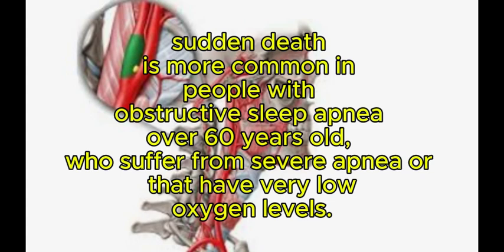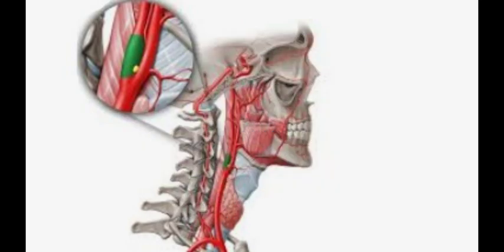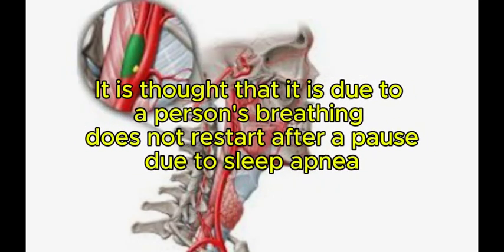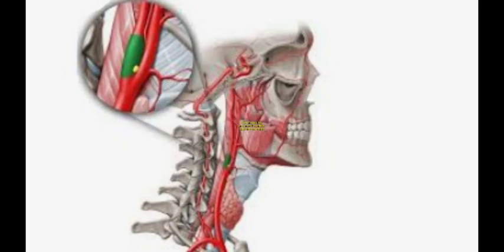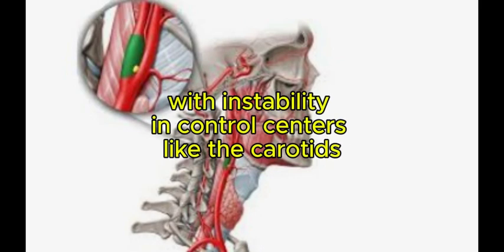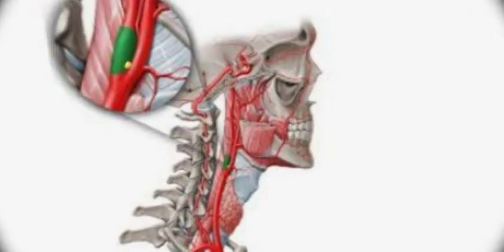Although sudden death is in fact very rare, it can occur, and they theorize that it is because a person's breathing does not restart after a brief pause due to sleep apnea. But personally, I think it has to do with the instability of the control centers, such as the carotids. It seems to me to be a better explanation.